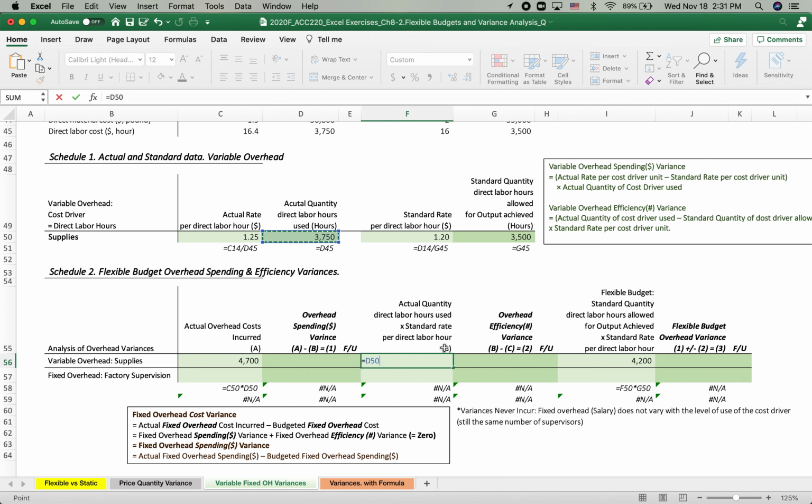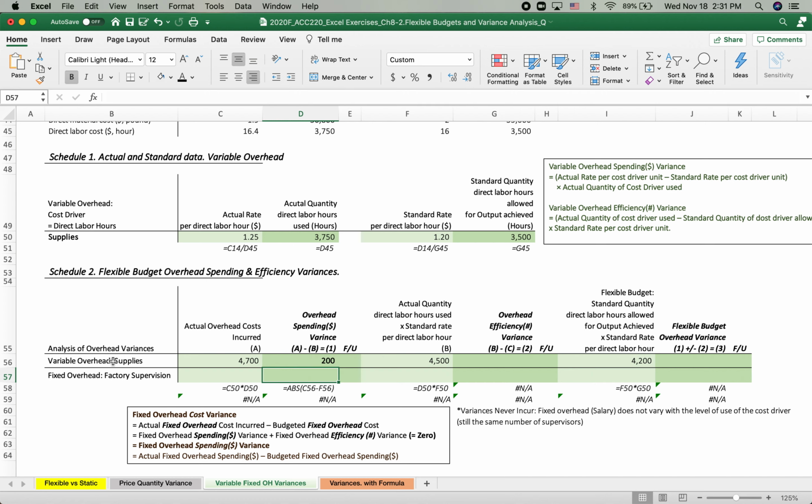3,750 actual quantity times 1.2, so that we can identify the overhead spending between the actual overhead cost incurred and the actual quantity of direct labor hours used times the standard rate. Is that favorable or unfavorable?